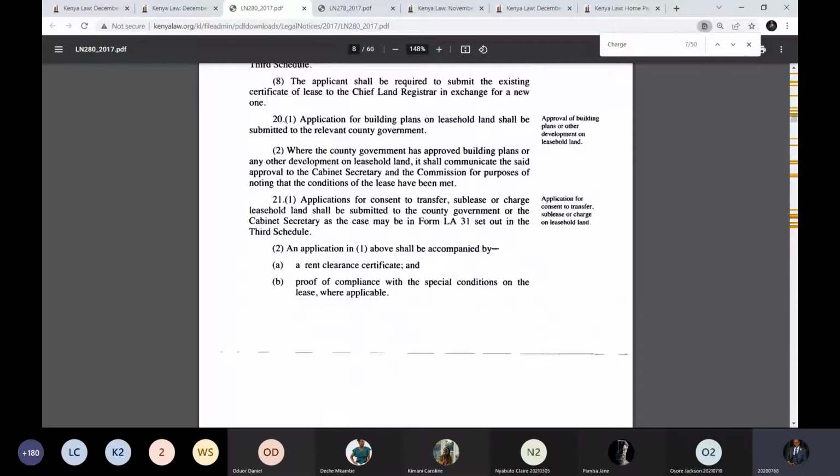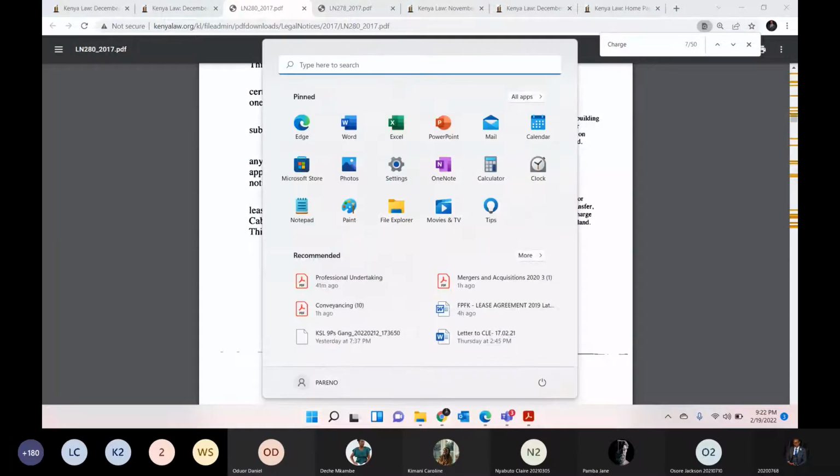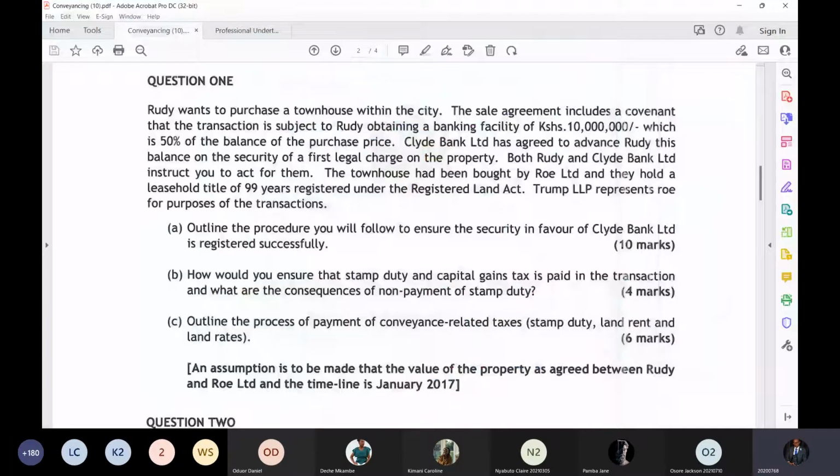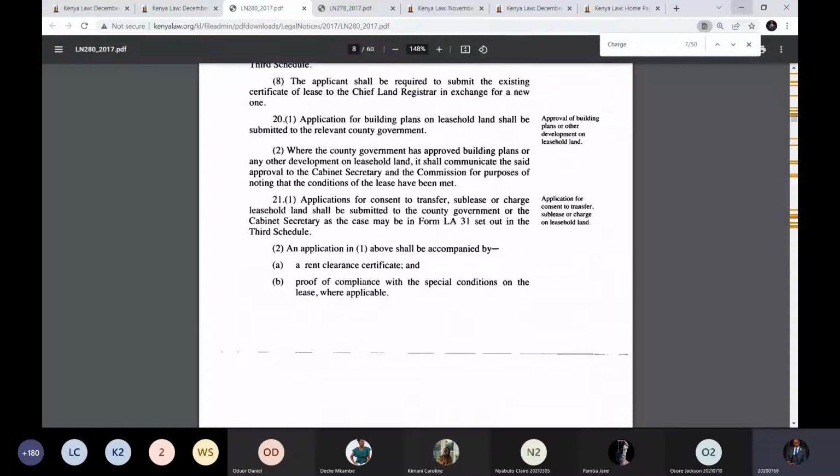We left this crucial document out because this was leasehold land. Thank you for mentioning this aspect. This leasehold title for 99 years under the RLA. So one crucial document that we left out here is this: consent to charge.